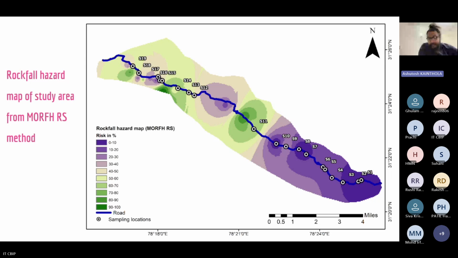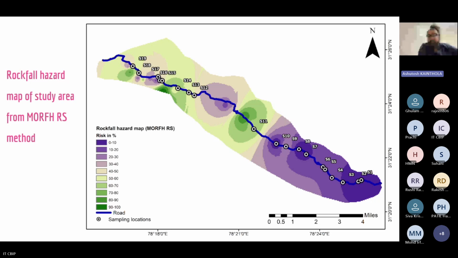Most of the high risk, high consequence zones are near settlements, near villages. The consequences also include the economic aspect in this study. There are regions where we have a lot of apple orchards, so they have also been considered in this risk calculation.